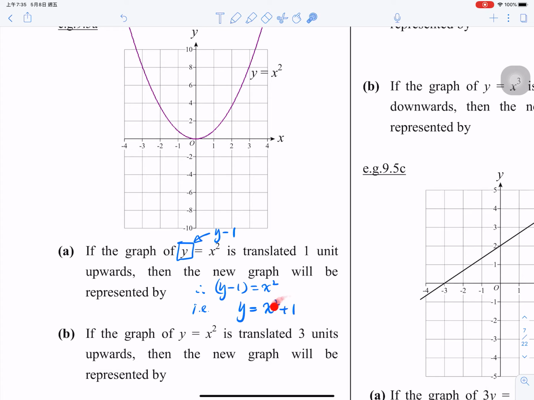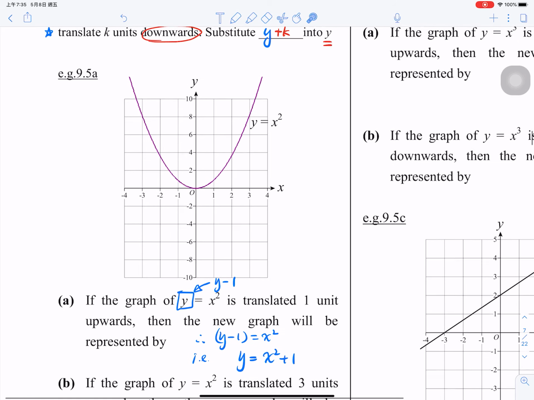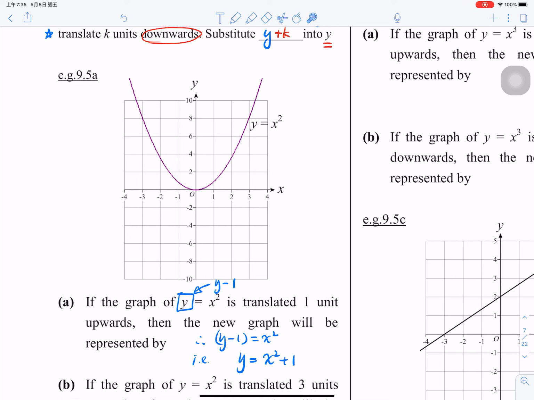Is it what you expected? x squared, that means this curve x squared, and then all together plus 1. That means goes upward 1 unit, right? So I use a pencil and let you have a look. Something like this.